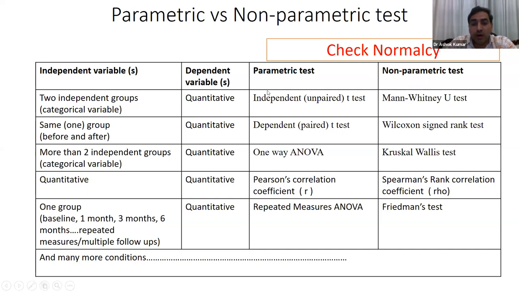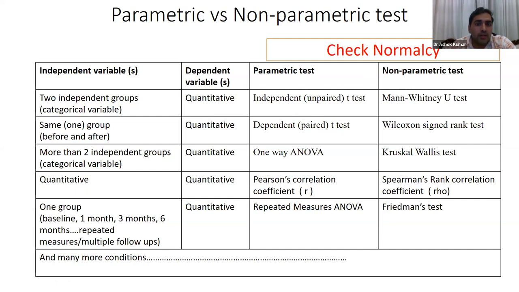If the quantitative variable is not normally distributed, then in place of the independent t-test we use the Mann-Whitney U test.